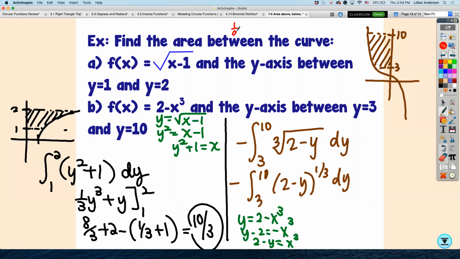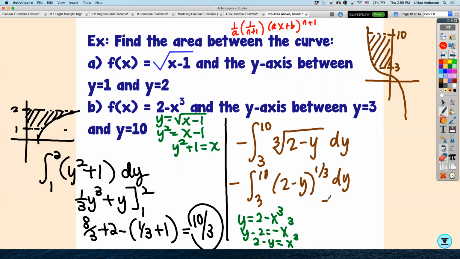So it's 1 over a times 1 over n plus 1 times the linear factor to the n plus 1. That's how you do these. So the antiderivative of this would be -1, because that's the value of a. It's the leading coefficient. So it'll be -1 times 1 over n plus 1.